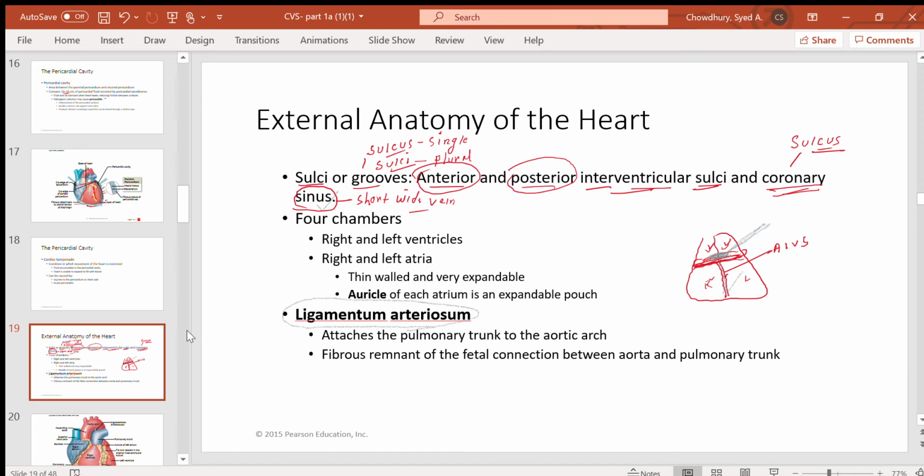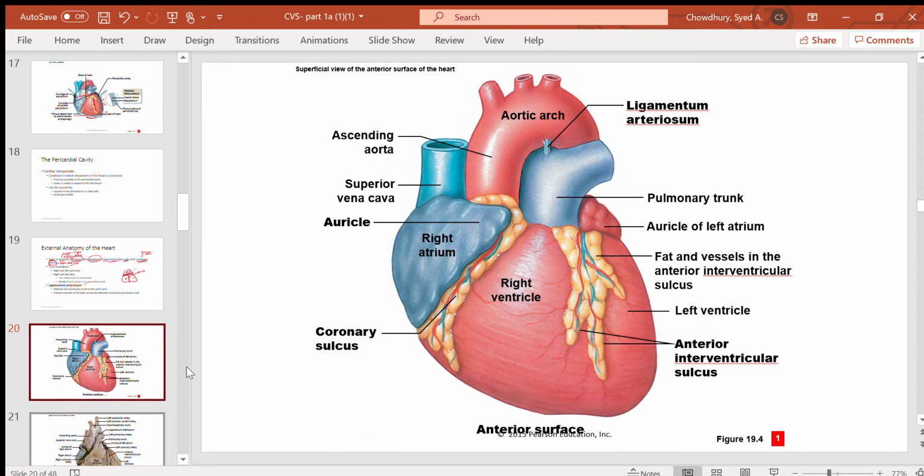And in early life, actually, this was an artery. This is the ligamentum arteriosum, you see. It is a fibrous tissue structure that connects the pulmonary trunk and the aorta.